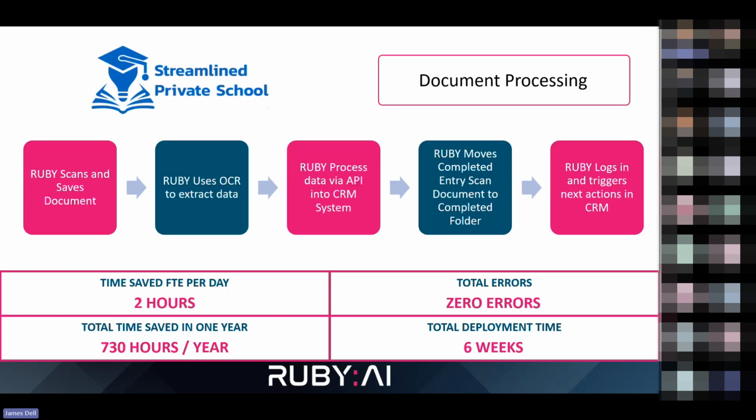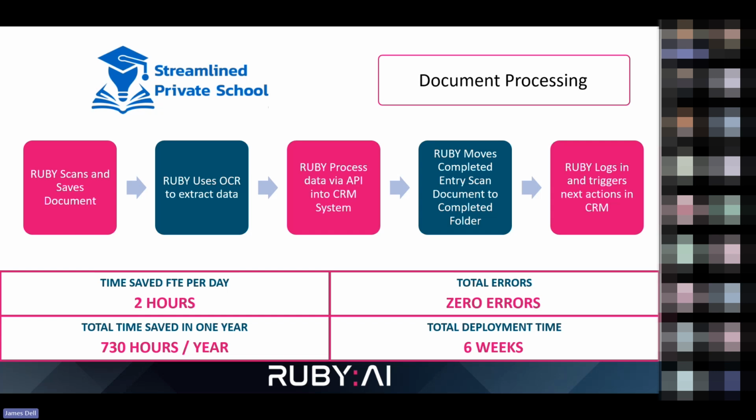Starting with education. In this example, it's actually a private education company that we're working with, a private school, and they're looking at document processing. What happens is Ruby scans and saves documents that are coming in over multiple ways of entry. That's both email, and also physical documents that are scanned in and saved into the system by the admin staff.